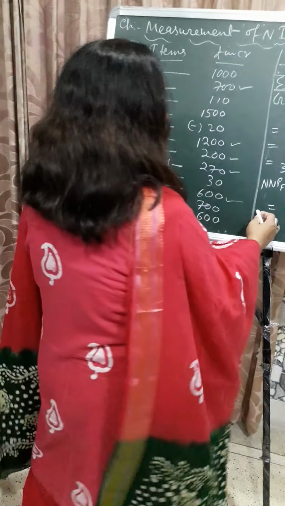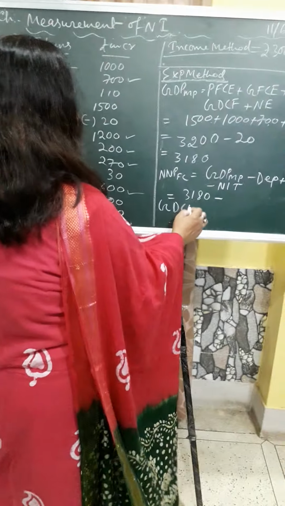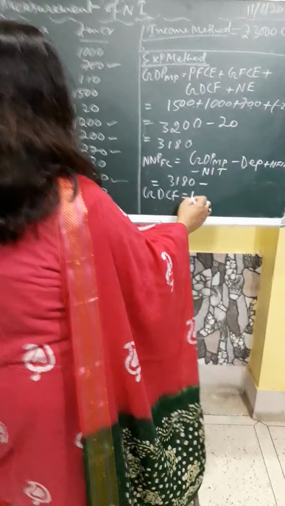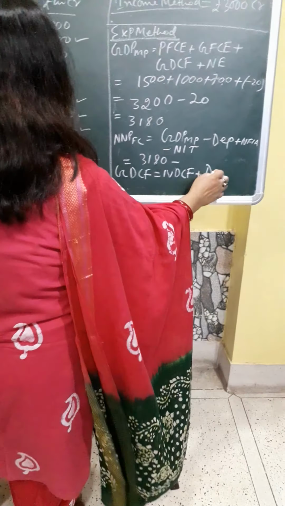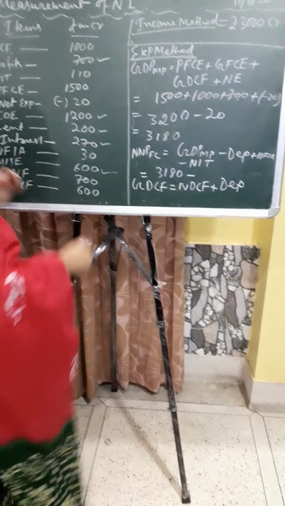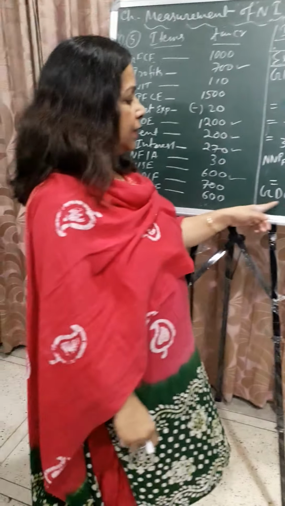We know gross domestic capital formation equals net domestic capital formation plus depreciation.